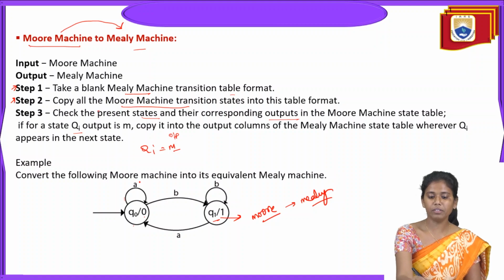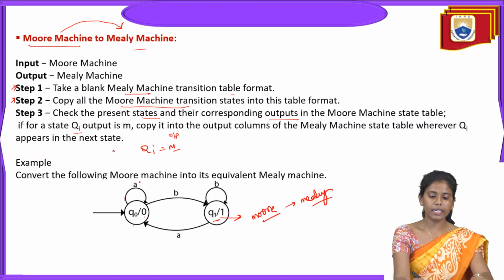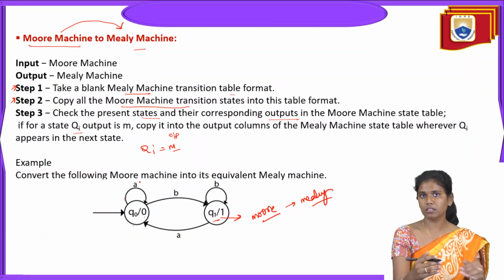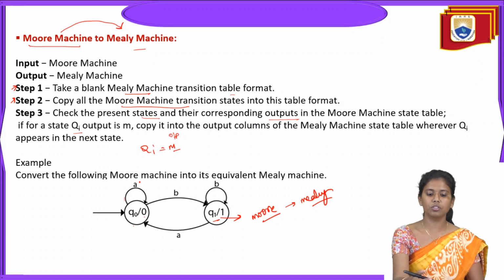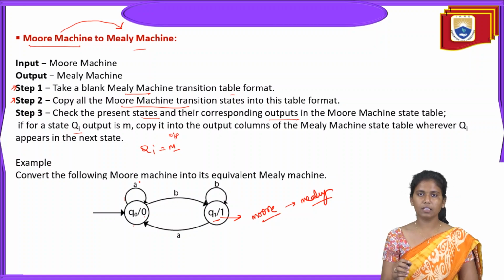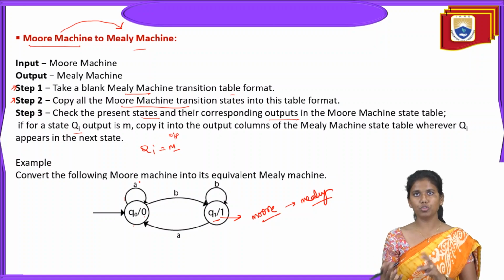Once you are done with step 1 and step 2, it is easy for you to convert these two, and step 3 is very easy to follow. So this is one of the easiest ways to solve the problems if you come across conversions from Mealy to Moore and from Moore to Mealy.